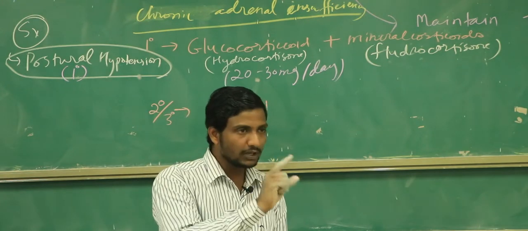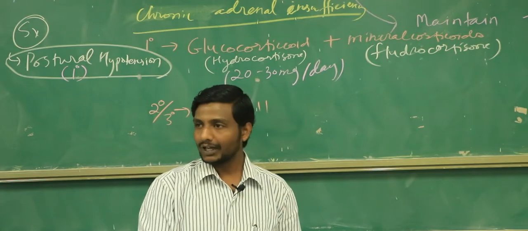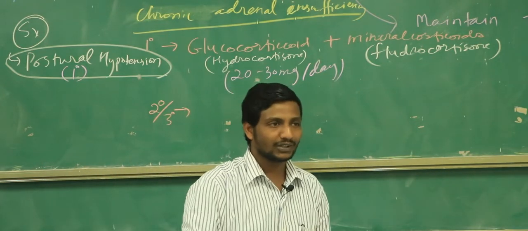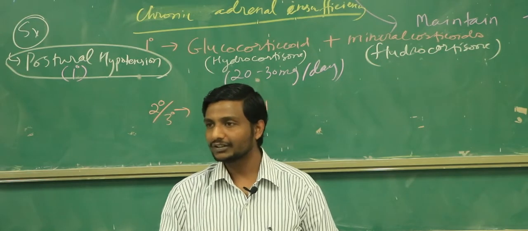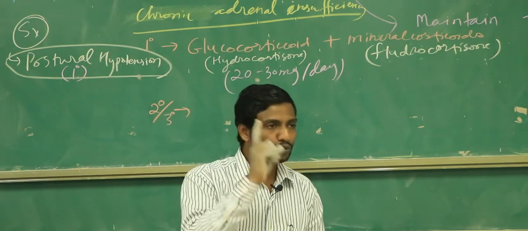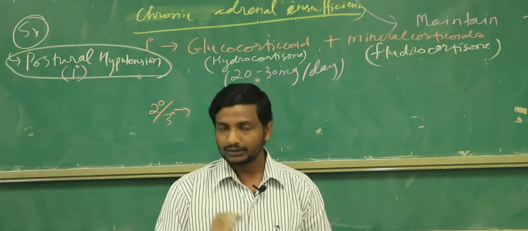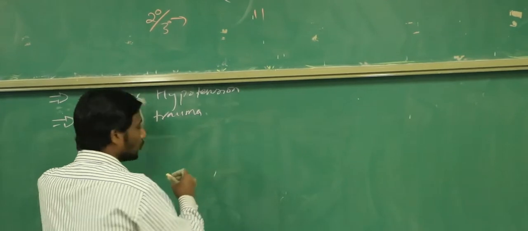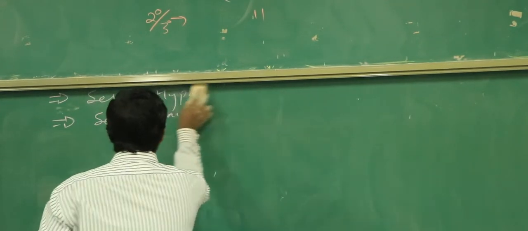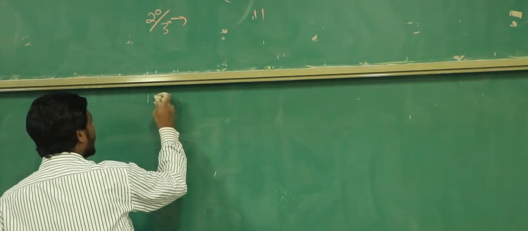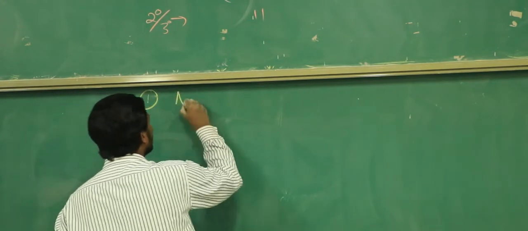We must counsel them very well: if the patient is taking steroids for a long time and today he missed the dose, can he develop an adrenal crisis or not? Yes. So we must counsel them very well that we are giving you this steroid, but you should never miss a dose, number 1. Right, so I want you to write down. There are going to be some pieces of advice that we must give them. The number 1 advice is never miss the dose.